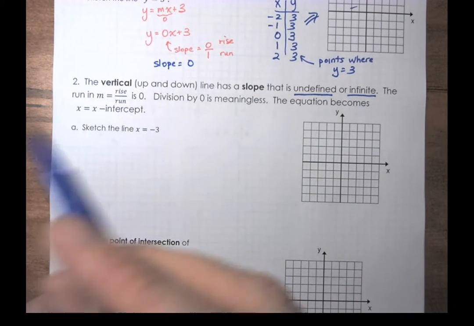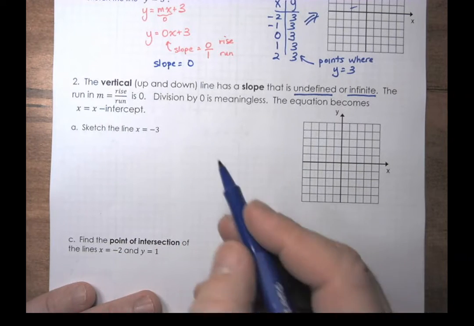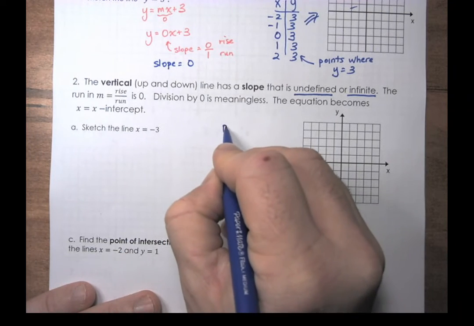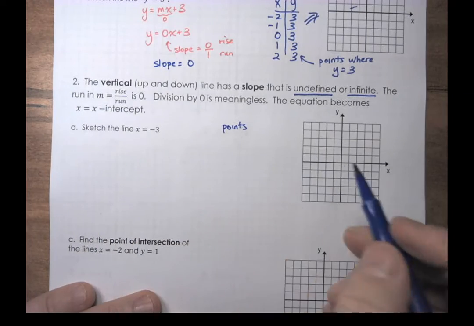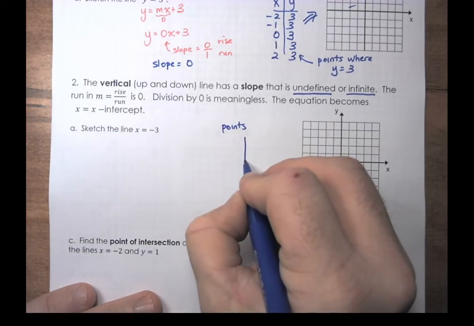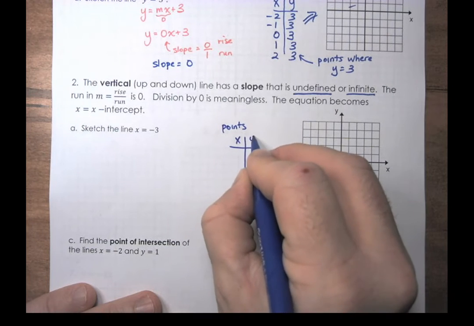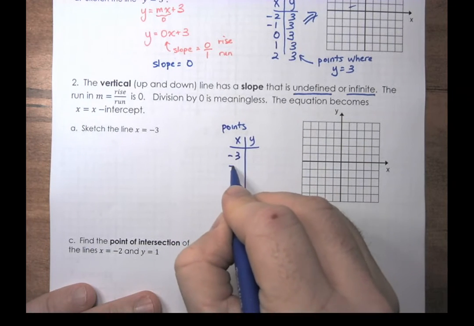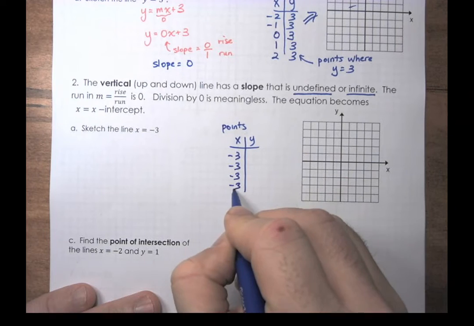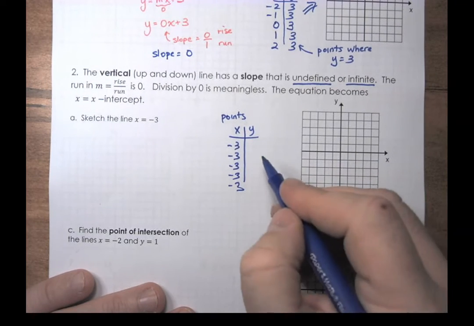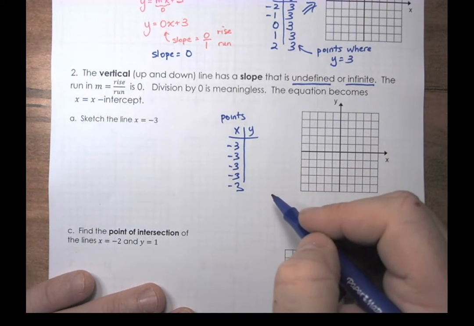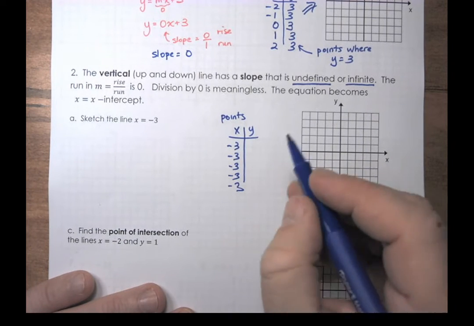Now, another way of looking at that is if I was thinking about points. And if I'm looking at points where x equals -3, right? And there's going to be infinite amount of these because we can have infinite number of y's. If I was looking at density that we talked about at the beginning of the year.